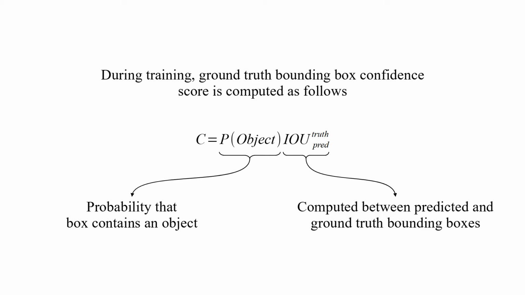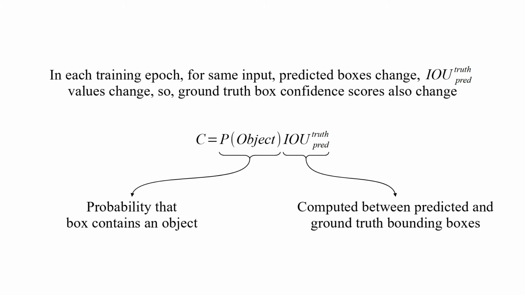P of object is the probability that box contains an object. And intersection over union is computed between predicted and ground truth bounding boxes. In each training epoch for same input, predicted boxes change, intersection over union values change, so ground truth box confidence scores also change.